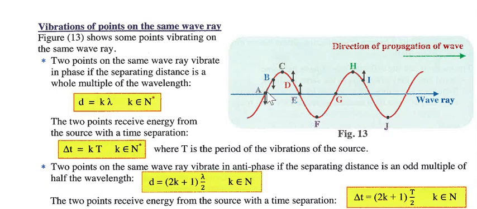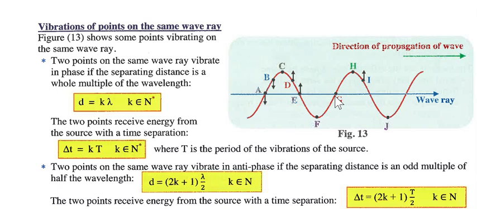These points vibrate in phase, also D and I. As for the points that vibrate out of phase, or antiphase, for example C and F, F and H, H and J, A and E vibrate in antiphase, E and G also antiphase.